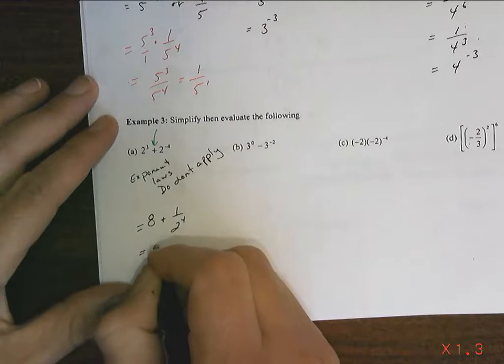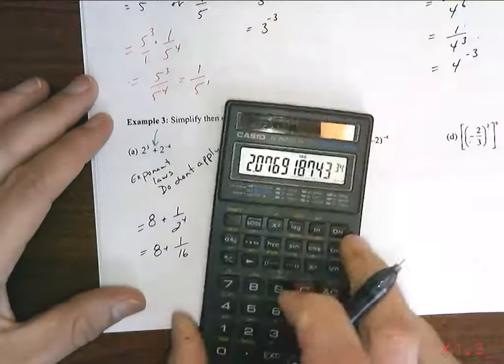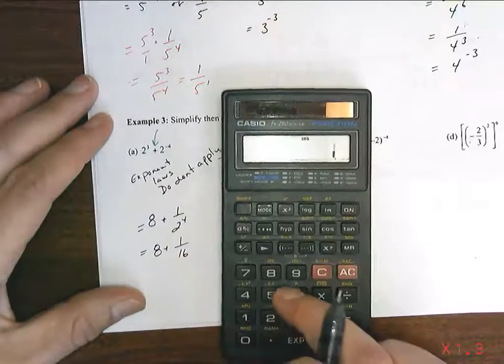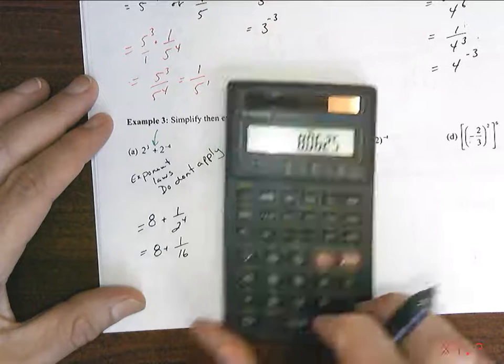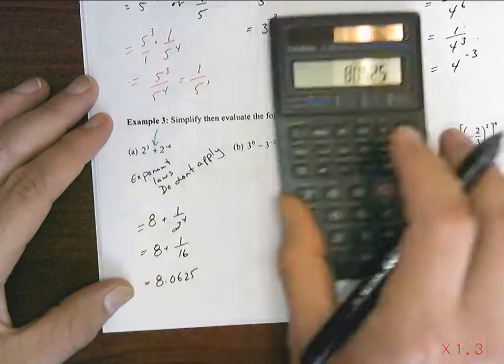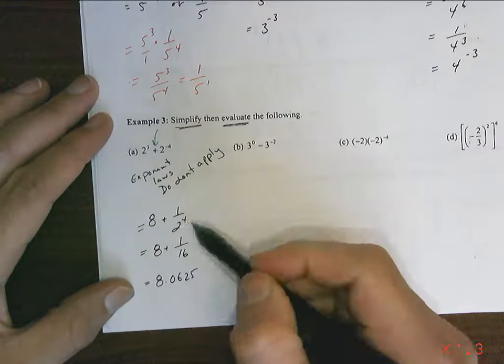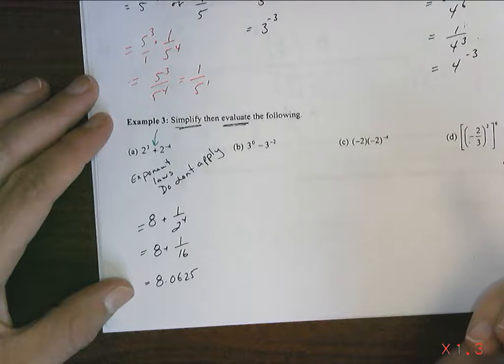So then this is going to be 8 plus 1 over 16. 1 divided by 16 plus 8 is 8.0625. It told me to evaluate, and it told me to simplify. So I simplified and I evaluated.